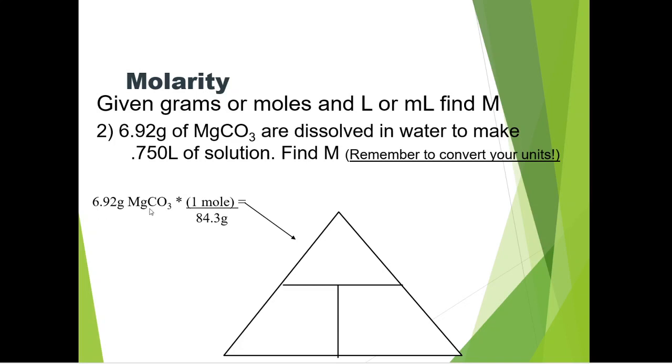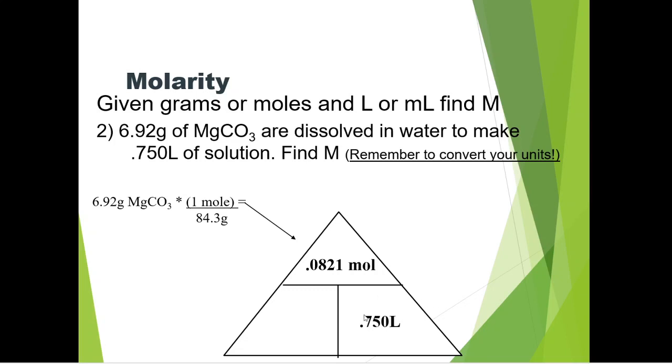This is from the periodic table: you'd add 1 magnesium plus 1 carbon plus 3 times the oxygens to get 84.3. Convert those to moles to get 0.0821 moles.